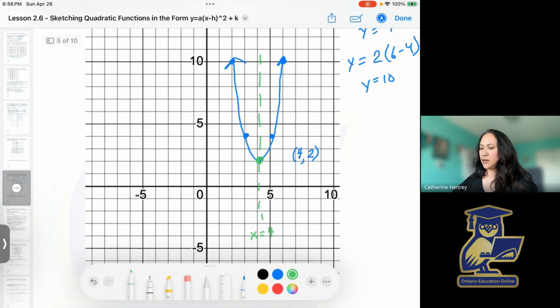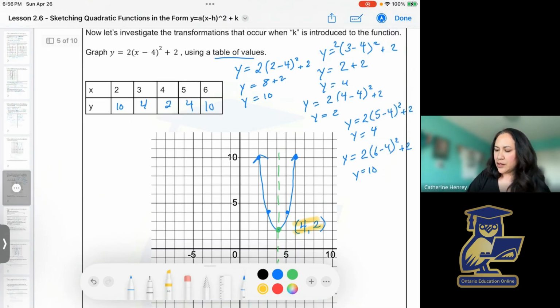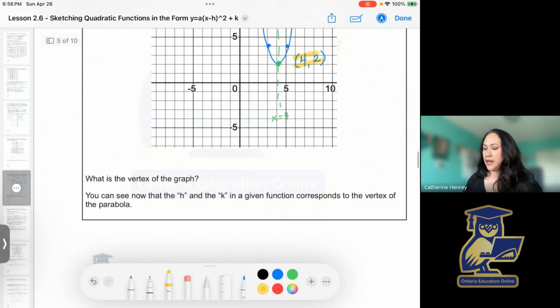So I want you to pay close attention to the vertex here, which was (4, 2), and the h value and the k value in the function. And you can see that they match up. So h and k in a function in vertex form correspond to the vertex of the parabola.